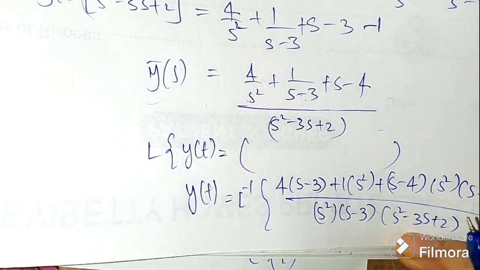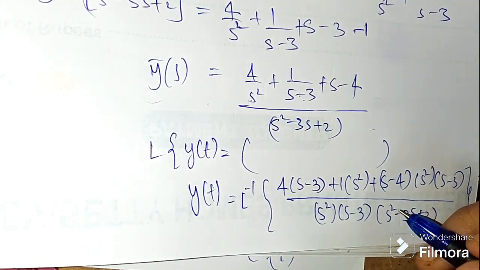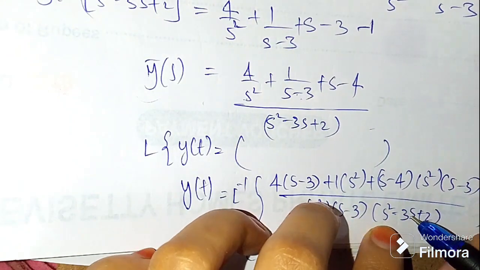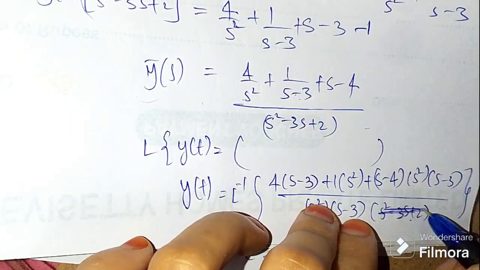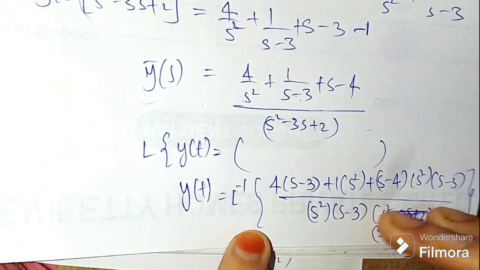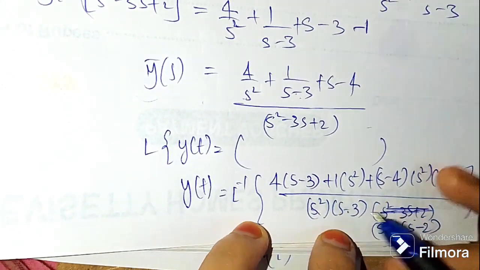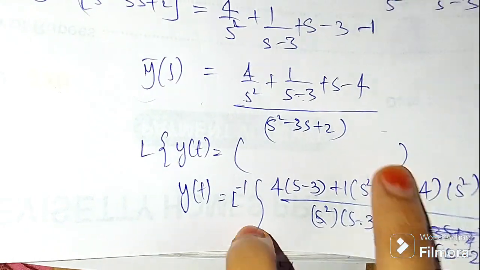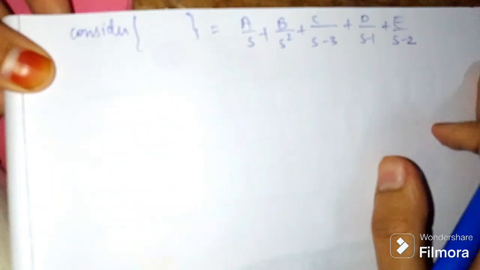Then we have these roots s minus 1 and s minus 2. So I'll directly write here. So in total how many, A, B, C, D, E. Up to E I have to write. Okay.